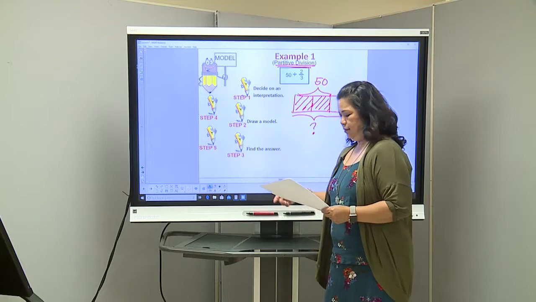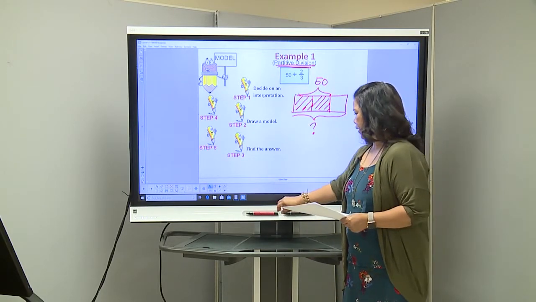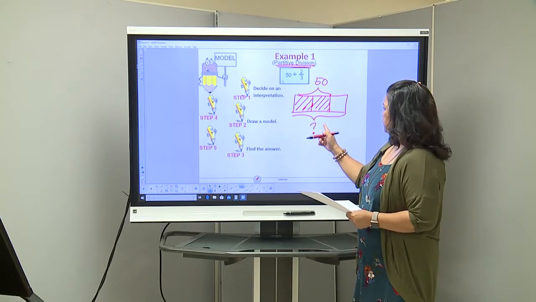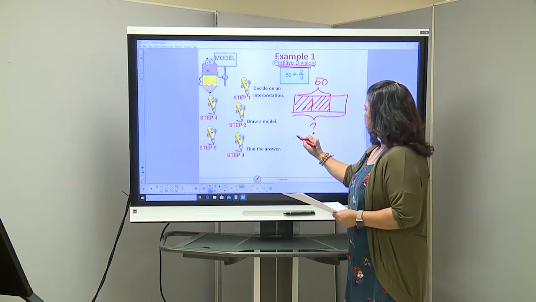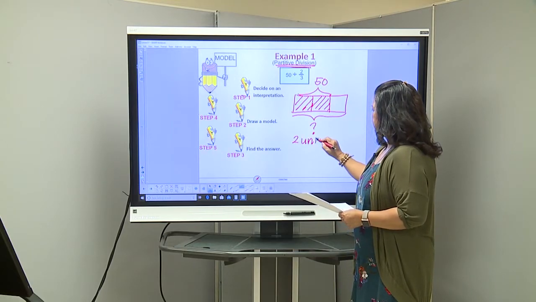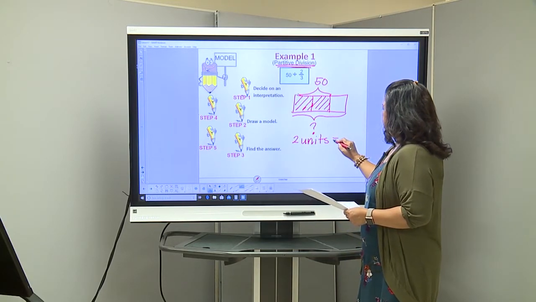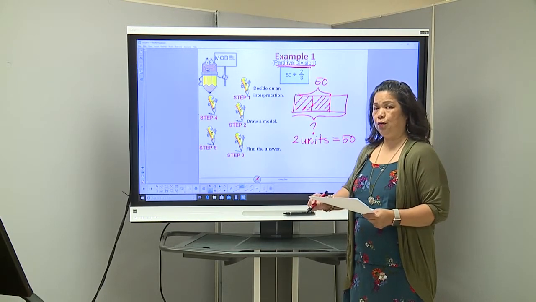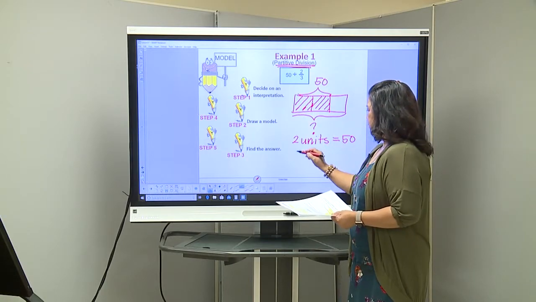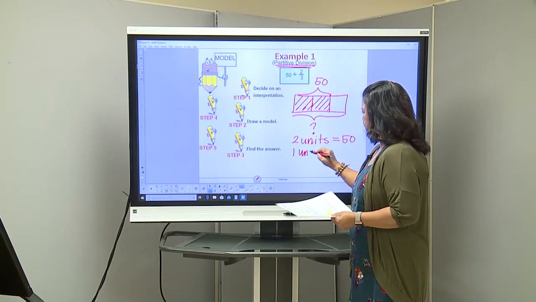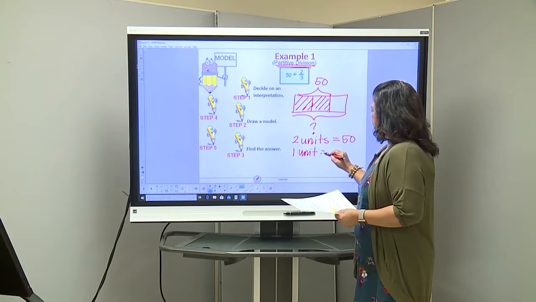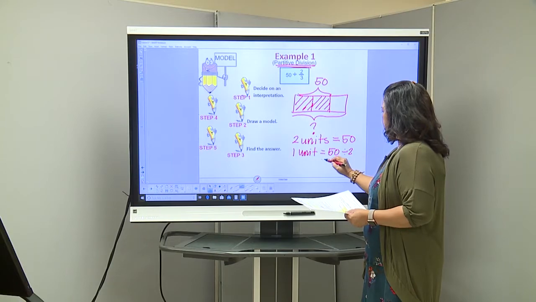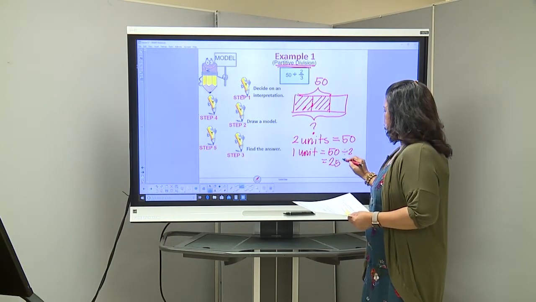Step 3, we find the answer. All right, so how do we find the answer? I see in my model that these two parts right here, 2 units, represents 50. I want to know how much is 1 unit. So 1 unit is 50 divided by 2, which gives me 25.